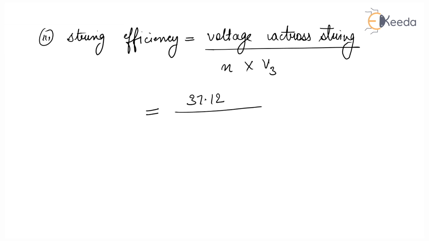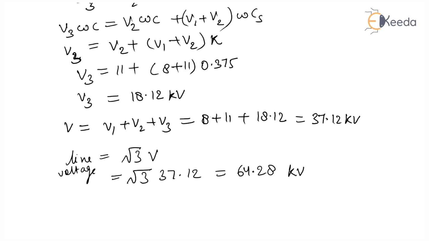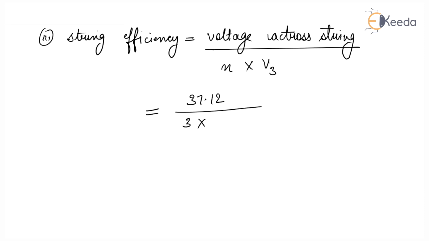The number of insulators is 3 and V3 is 18.12 kV. Now multiplying by 100 and on solving, the string efficiency is equal to 68.28%.